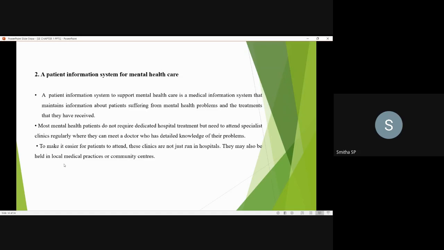To make it easier for patients to attend the clinic and consult the doctor, there are some clinics, practice centers or community centers which are open together with the hospitals, so that patients can attend and consult the doctors more easily.